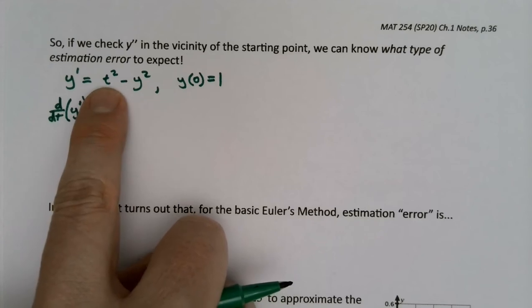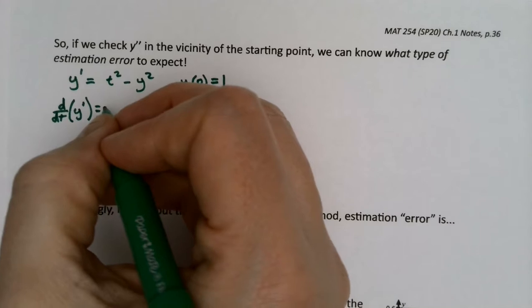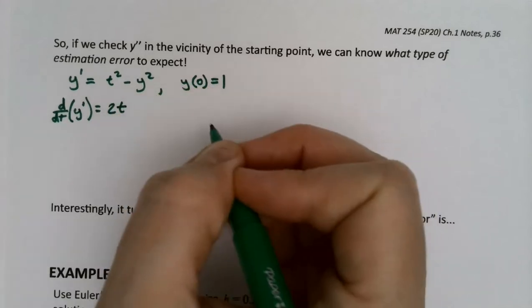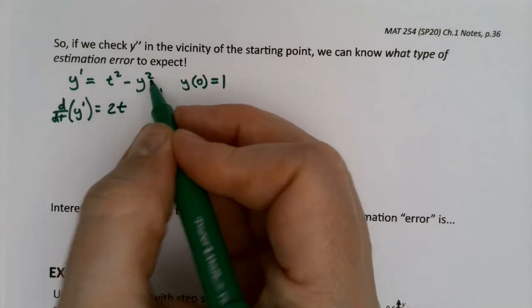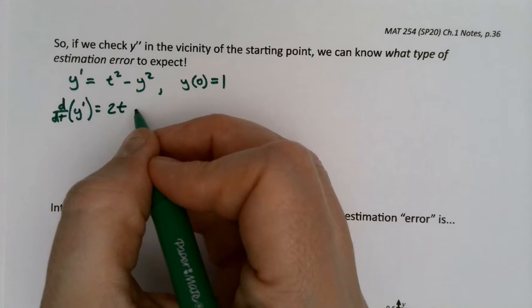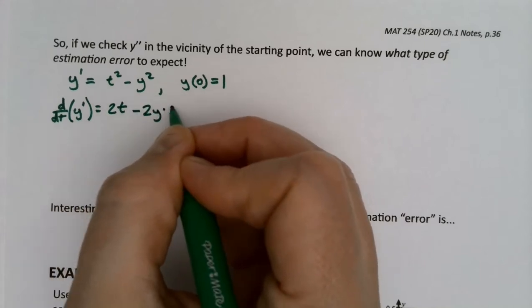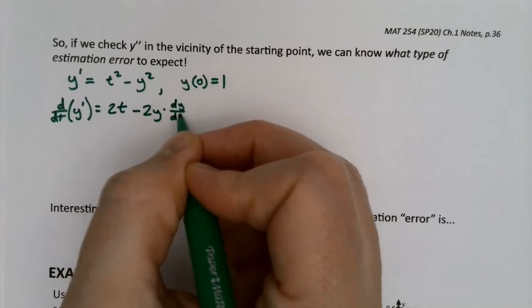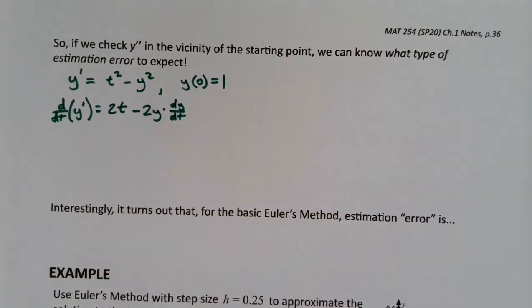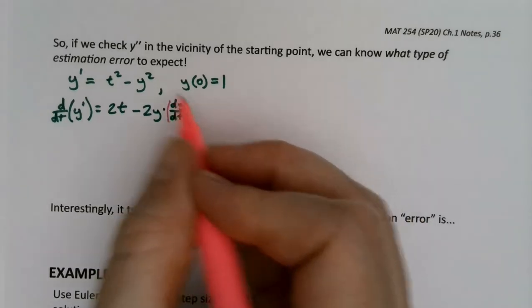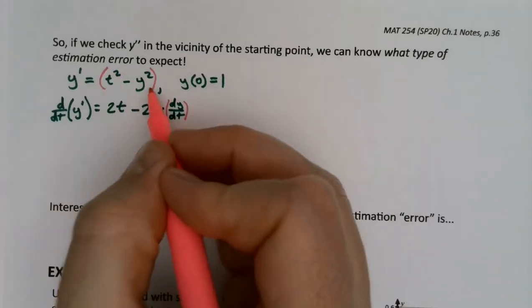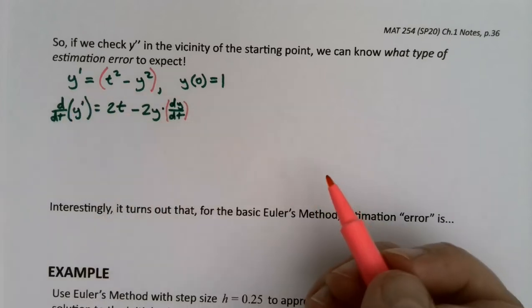So the derivative of t squared with respect to t is just going to be 2t. The derivative of y squared with respect to t, using implicit differentiation, is going to be negative 2y times dy/dt. Now, it just so happens that we already know what dy/dt is. It's this thing right here, because that is y prime.